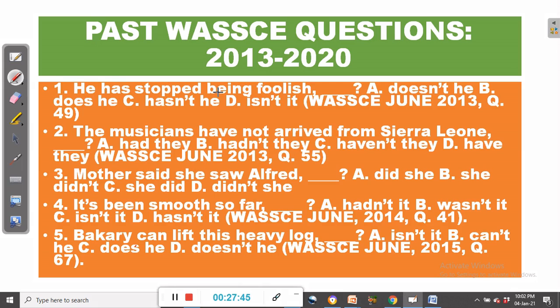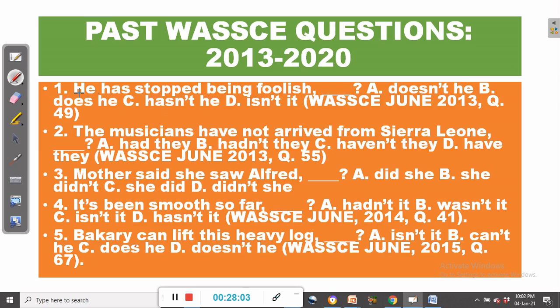Number 1: he has stopped being foolish. Option A, doesn't he? B, does he? C, hasn't he? D, isn't it? Of course, this is from June 2013, question 49.